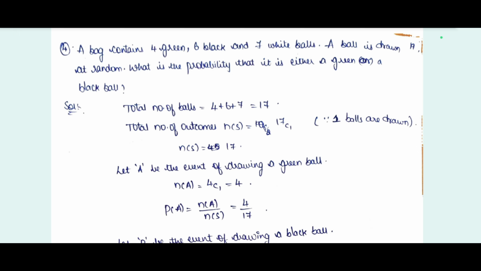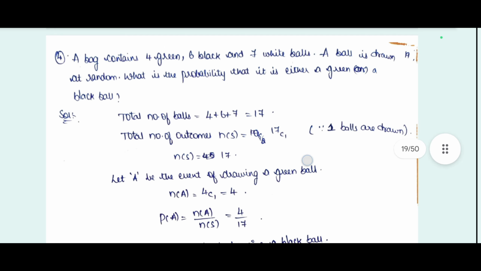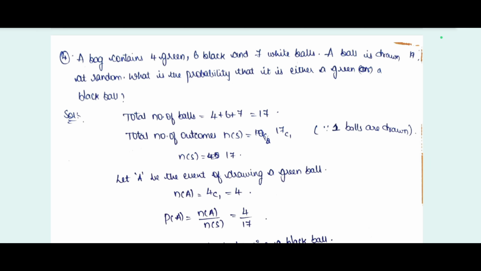A bag contains 4 green balls, 6 black balls and 7 white balls. A ball is drawn at random. What is the probability that it is either green or black? Let's see.